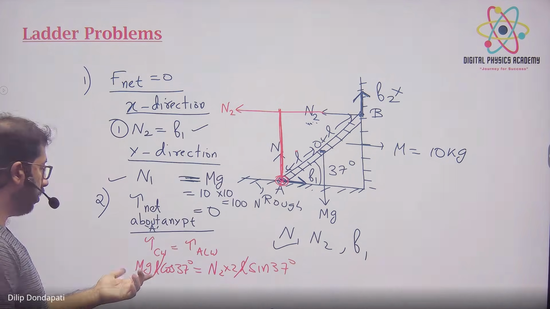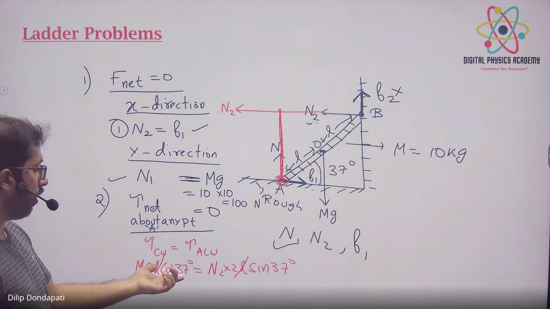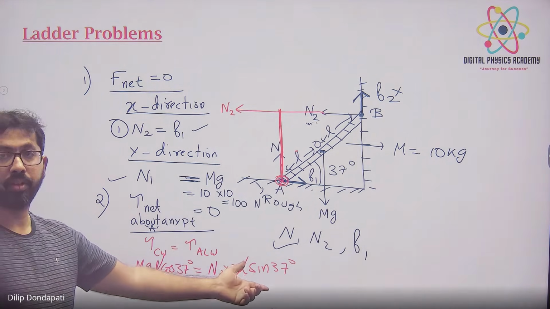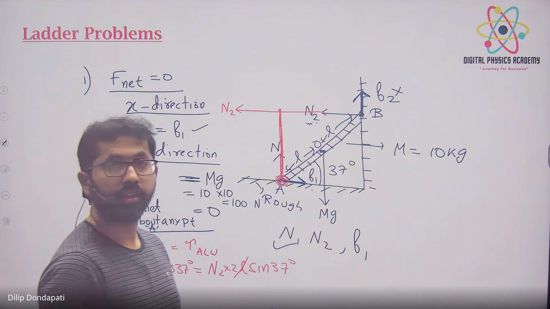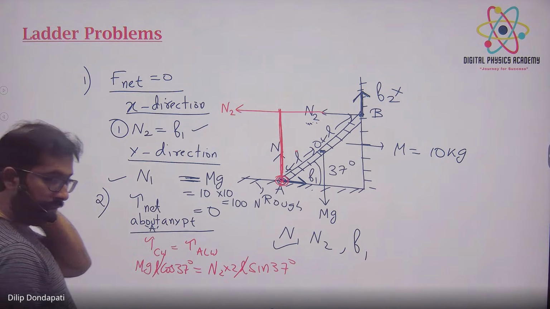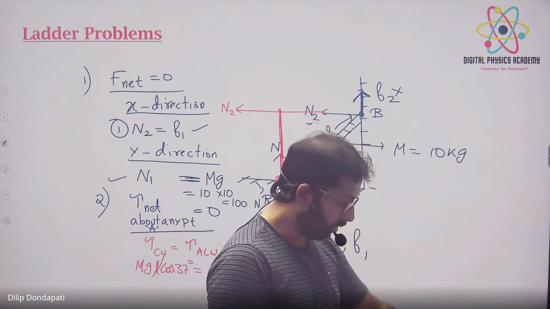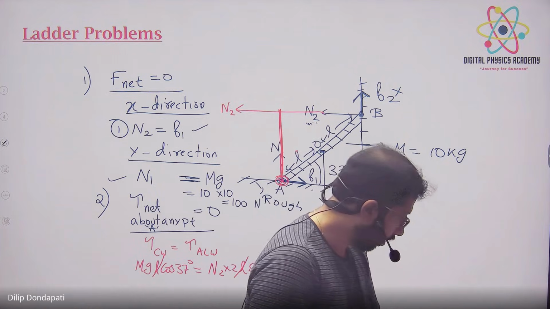So M is 10, so mg is 100. Cos 37 is 4 by 5. Sin 37 is 3 by 5. You get the answer. How much you got? 166.6. Yes, आया?